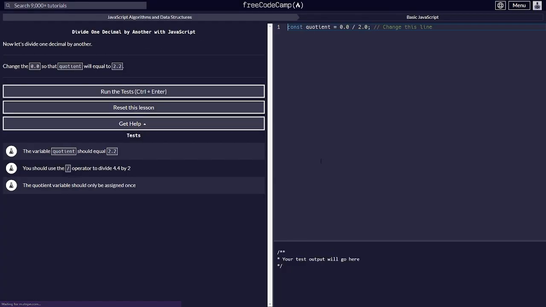All right. Divide one decimal by another with JavaScript. Now let's divide one decimal by another. Change the 0 so that the quotient will equal 2.2. So what can we do? 2.2 divided by 2.